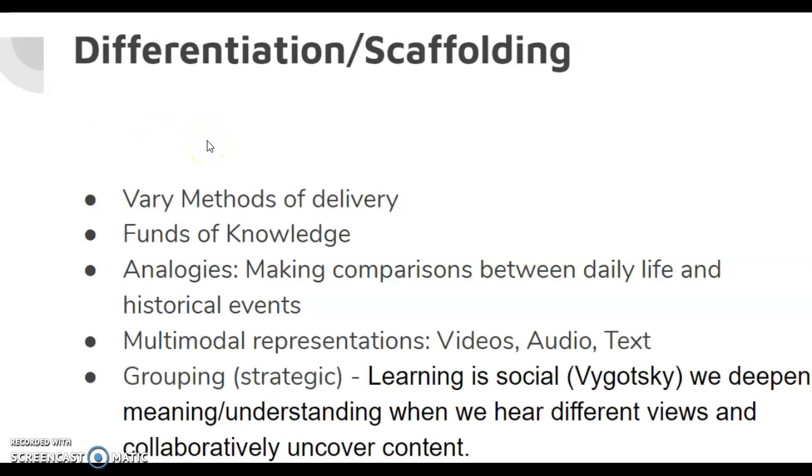If text is a little bit more complicated, that could be reserved possibly for our advanced learners, but a secondary source with the same information could be given to struggling readers, English learners. That way they'll have access to the same level of information, but just from a different point of view or delivery.